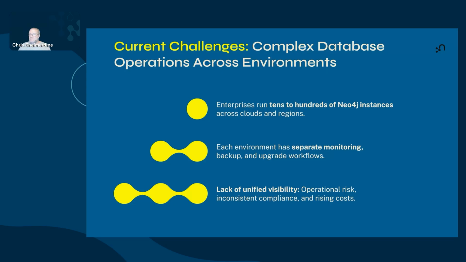Each environment can have its own separate monitoring, its own backup, its own upgrade workflows. So administration, observability, and operations in these disparate environments can become onerous and a challenge for people to look after within the whole estate, or the fleet. And so it can give rise to inconsistent compliance and rising costs and other challenges.